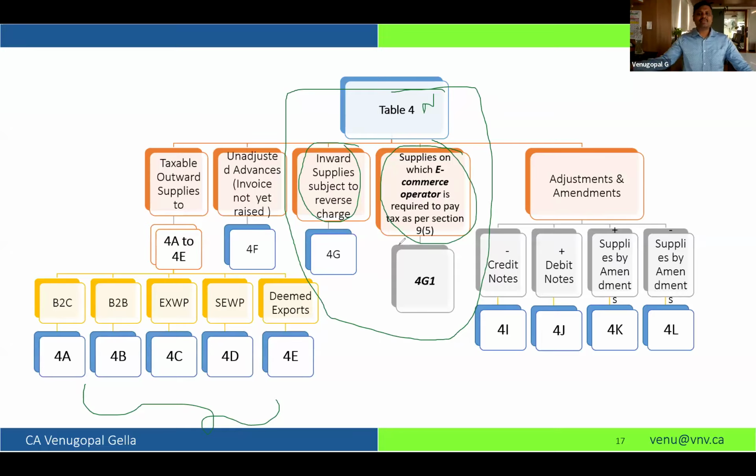Don't even bring it for the purpose of reporting. That is what they have said. Accordingly, in my 5N calculating the turnover, I will eliminate 4G and 4G1. So what is my total turnover, P&L turnover to be reconciled? Whole of table 5 plus table 4 excluding these two things.